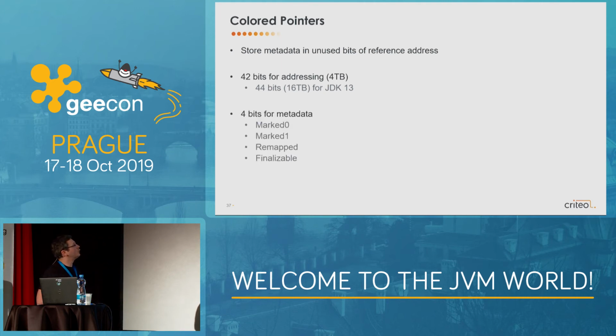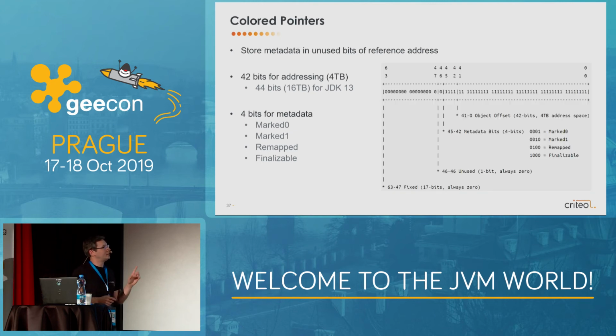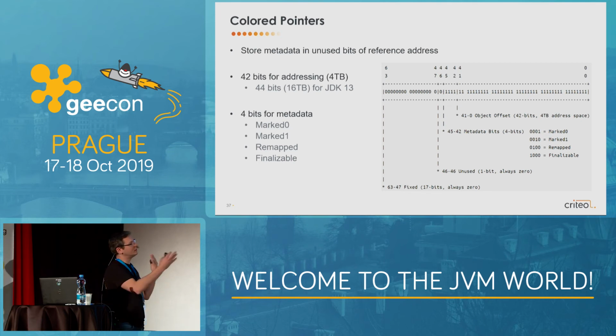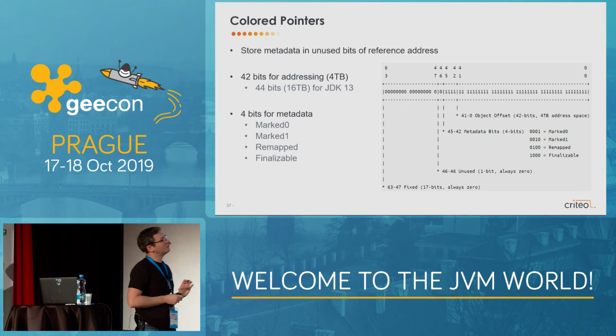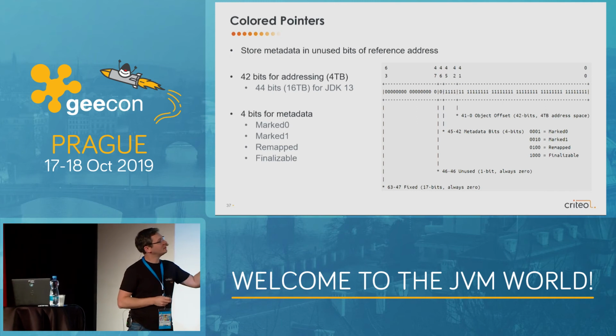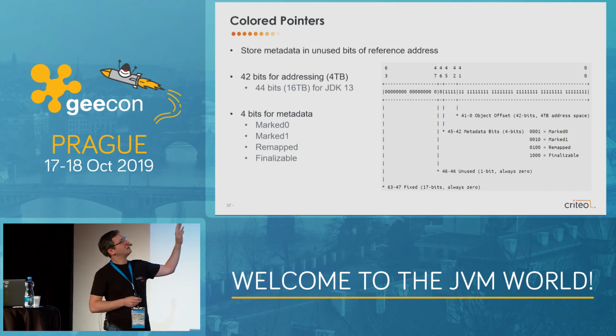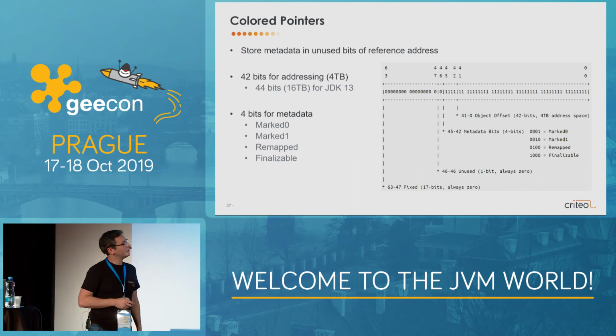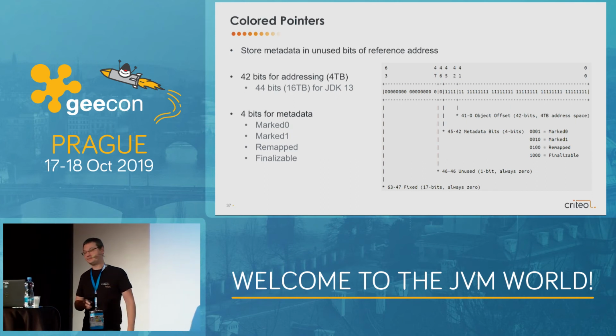They use 4 bits for metadata: mark 0, mark 1, remapped, and finalizable. This is the schema that you can find inside the sources to see how they use it. So we still have plenty of room in the 64-bit addresses: 42 bits for addressing in this version, and 4 bits of metadata are used.